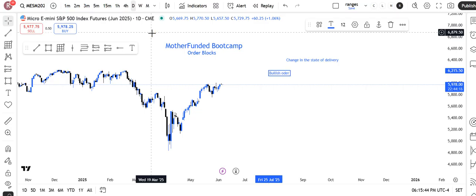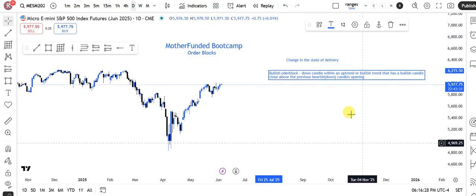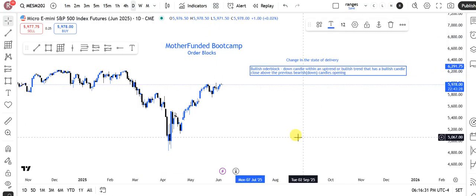A bullish order block: it's going to be a down candle within an uptrend or bullish trend that has a bullish candle close above the previous bearish candle's opening. It's kind of confusing, even though it's a short definition, but I'll draw it out so it makes sense.